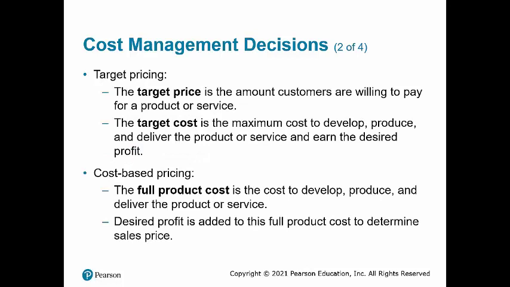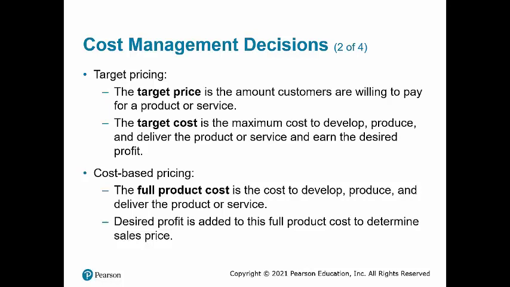So there are two different ways that you can determine the pricing on your products. You can use what is called target pricing. That is the price that a customer is willing to pay for a product or service, so companies can set their sales prices based on target pricing. Target pricing will start with that sales price and then subtract the company's desired profit to determine the target cost.